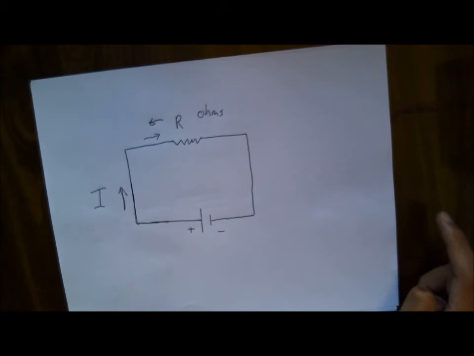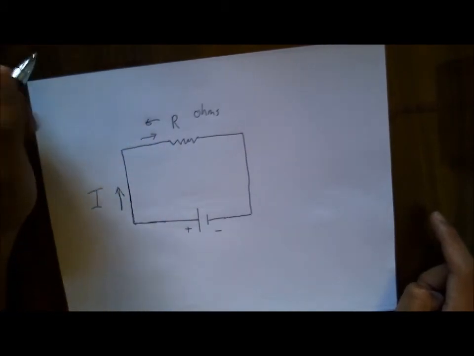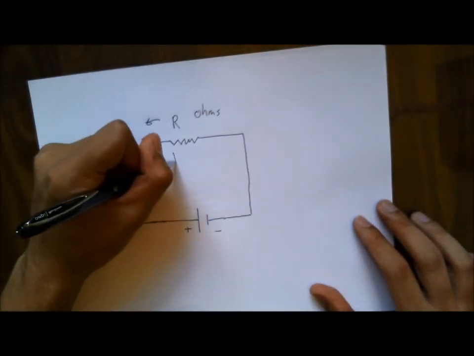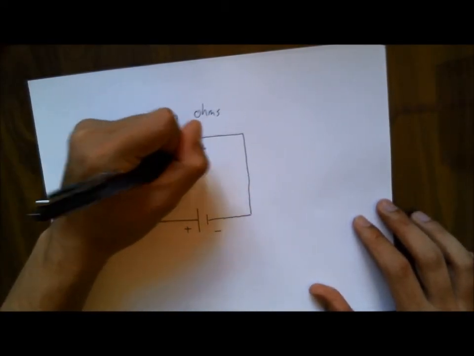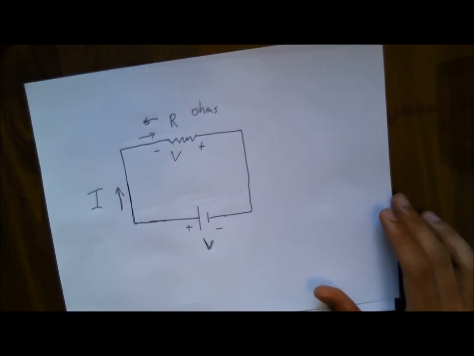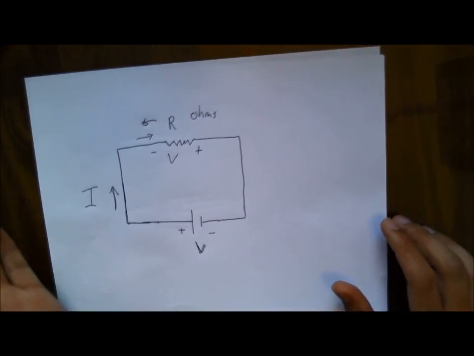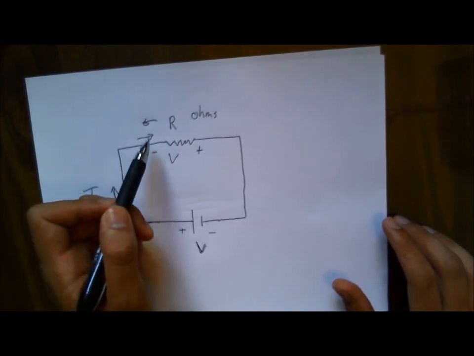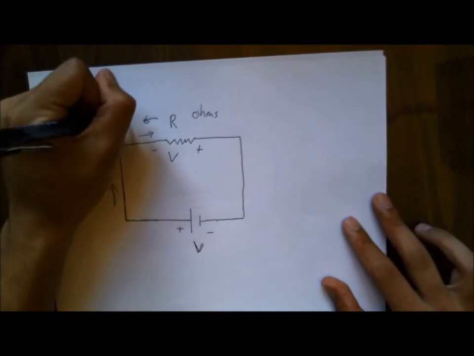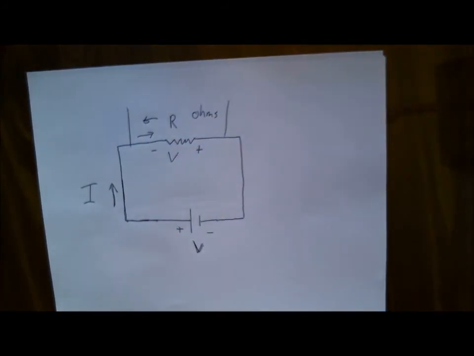Now when current flows through a resistance, it generates a voltage V. This is also a voltage down here. So as current is flowing through this circuit and goes through here, you can actually measure the voltage across this element right here.